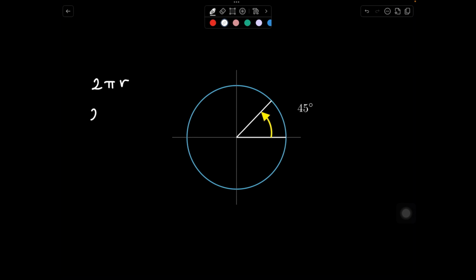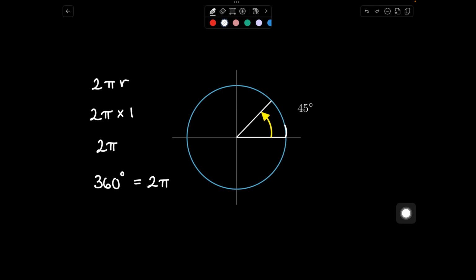So that means our perimeter is going to be equal to 2 pi times 1, which is 2 pi. And this gets us our first radian of 360 degrees being the same as 2 pi radians. So 2 pi is the physical length around this entire circle.